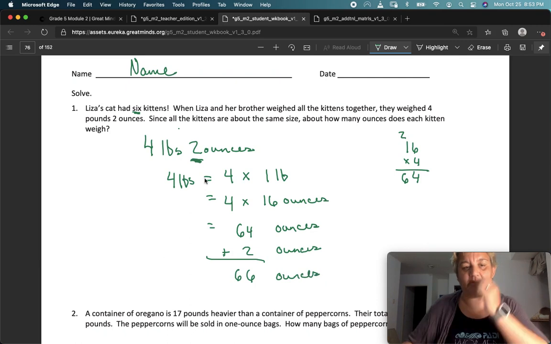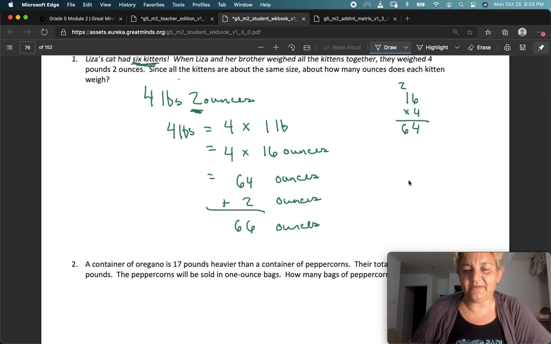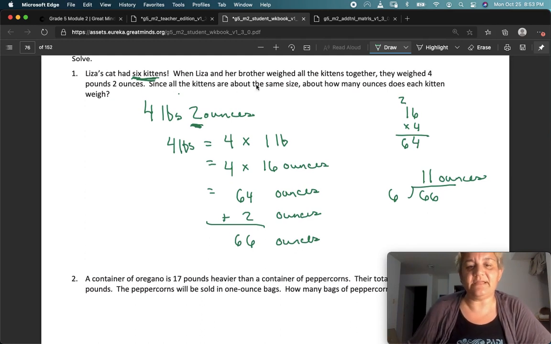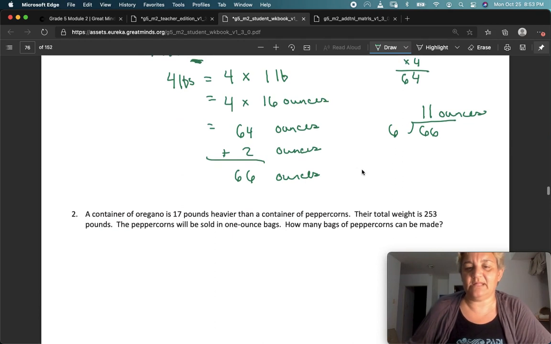If you'll remember, we have 6 kittens. So now all we have to do is divide 66 ounces by 6 kittens, and we're going to get 11 ounces each, right? So since all the kittens are about the same size, about how many ounces does each kitten weigh?